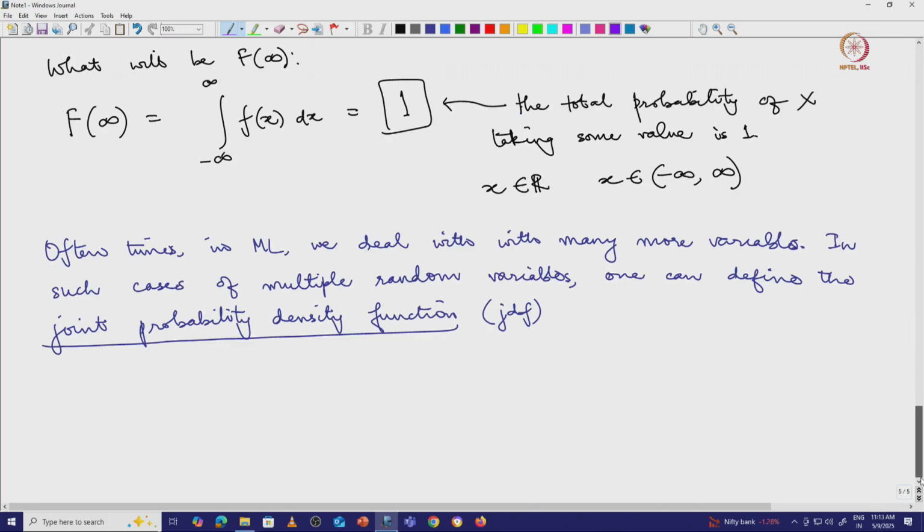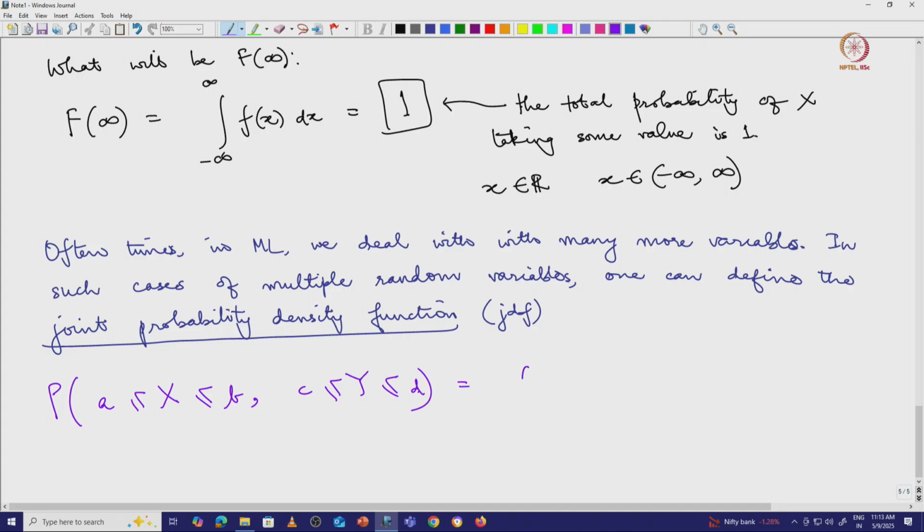You will look at the probability of the random variable, first one let us say X, lying between a and b, and the second random variable, let us denote it as capital Y, lying between c and d.